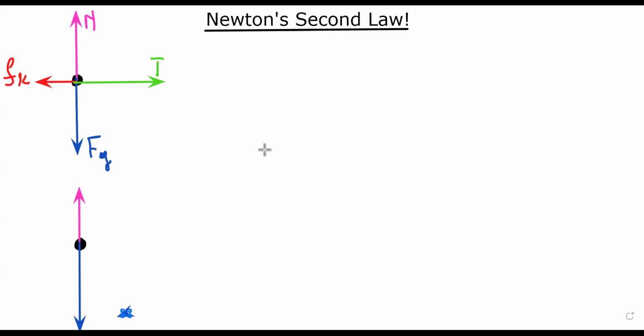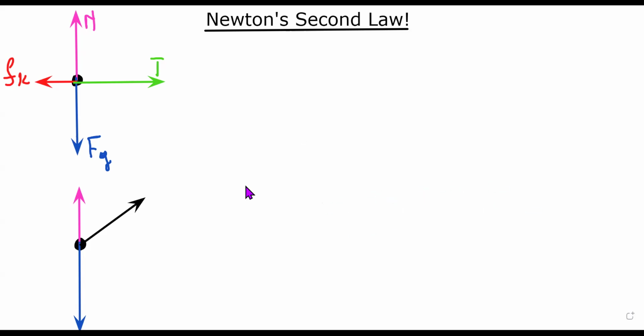Now the question is, why is the normal force less than the gravitational force? Well, it's because this force, which is applied at an angle, is actually going to have a vertical component. And if you take the normal force and add it to the vertical component of the applied force, then you're going to get the gravitational force.